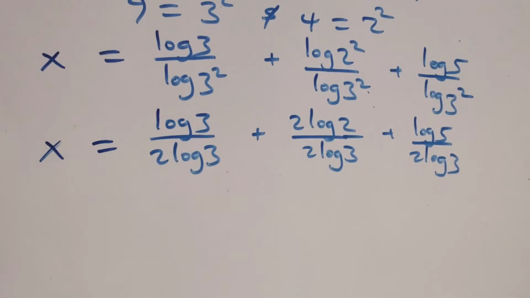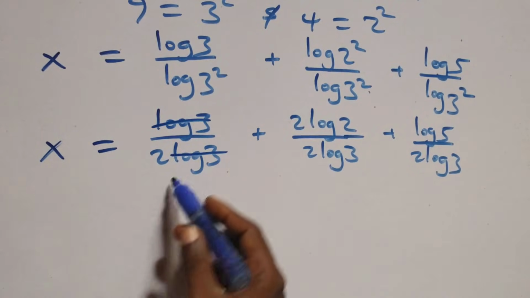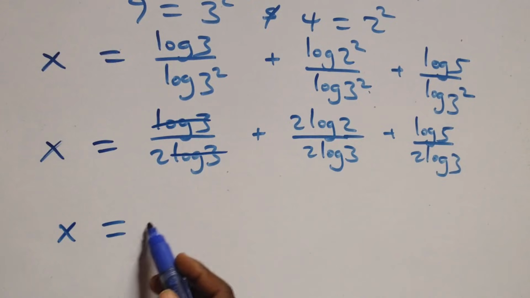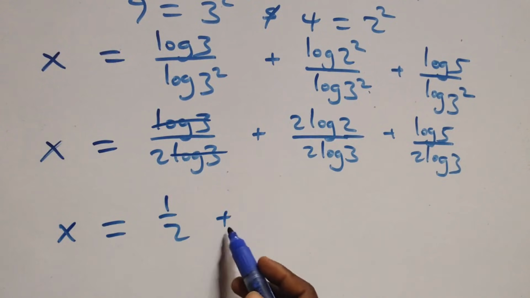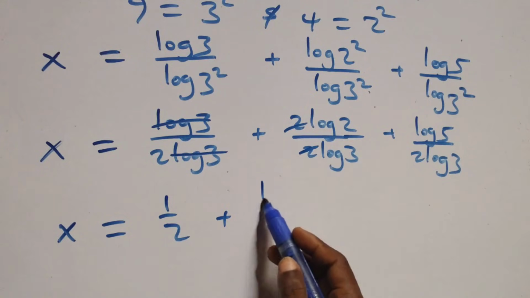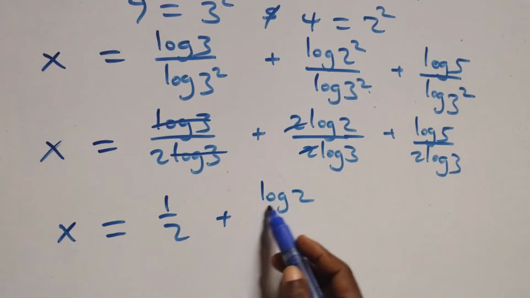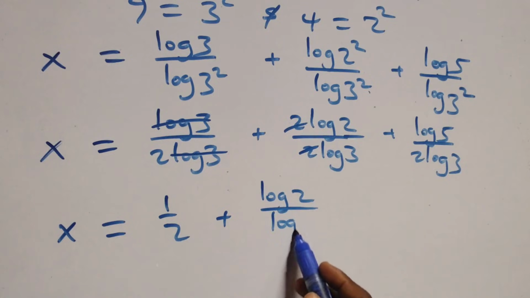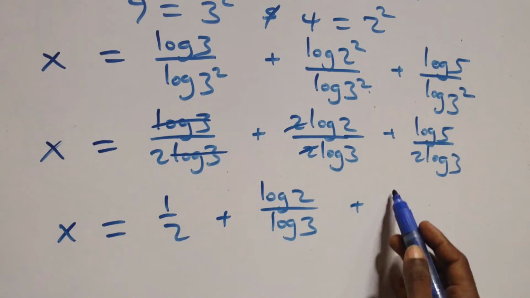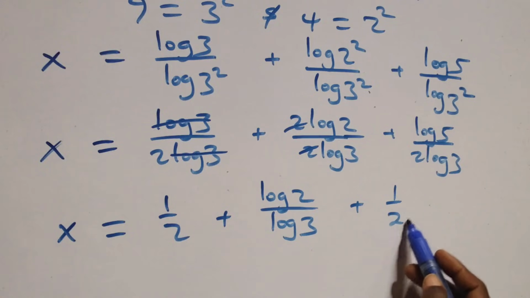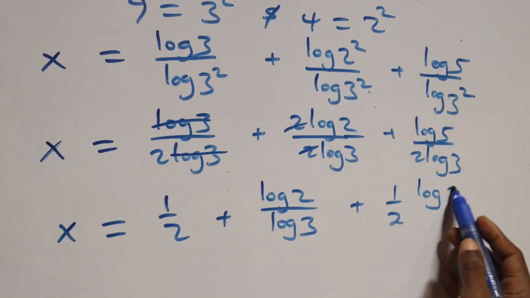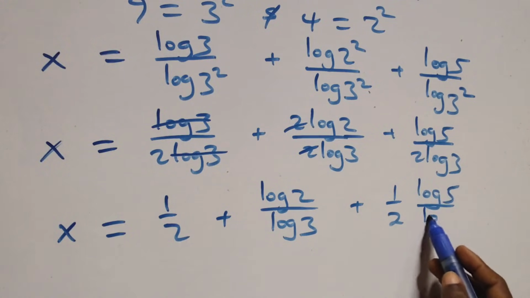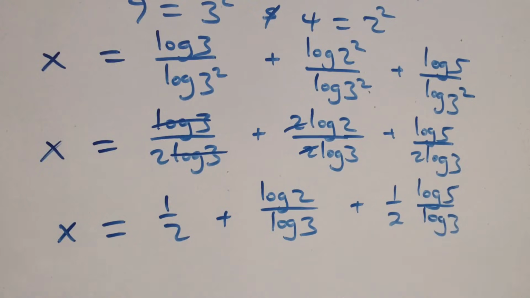That is, here log 3 cancels out. We have x equals to 1 over 2, plus the 2 cancels out here, we have log 2 over log 3 left, plus here we can write it as 1 over 2 times log 5 over log 3.